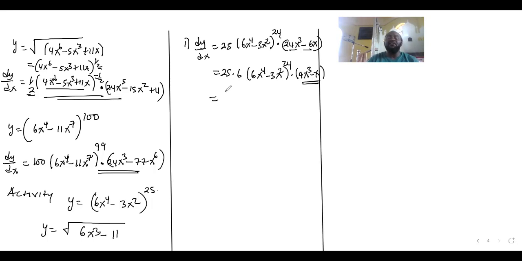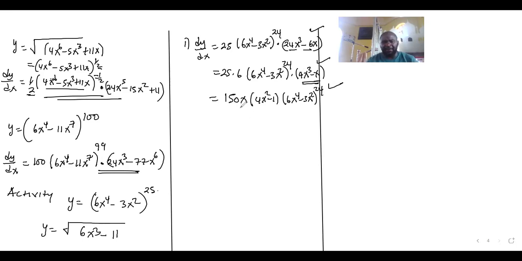Then 6 times 25, what answer do you get? That is 150. So you can end up getting 150x(4x^2 minus 1) times (6x^4 minus 3x^2)^24. This is an answer, this is an answer, this is an answer. All of them are correct.